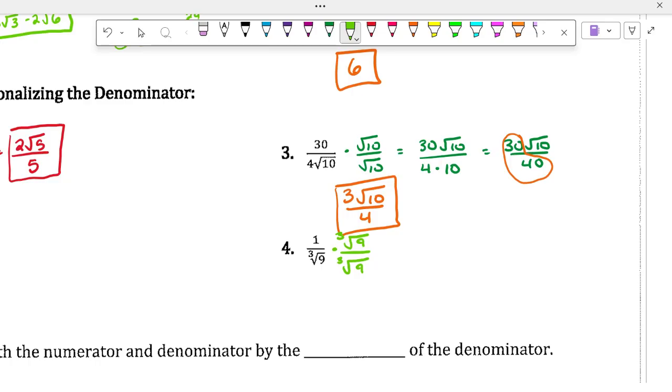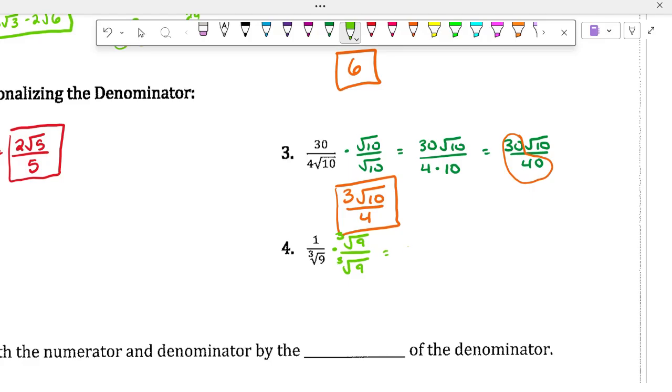And just like with the square root, well, not quite like a square root. So here's the difference. Cube roots, we cannot automatically cancel out the radical. Why? You have to multiply it 3 times in order for that to work.